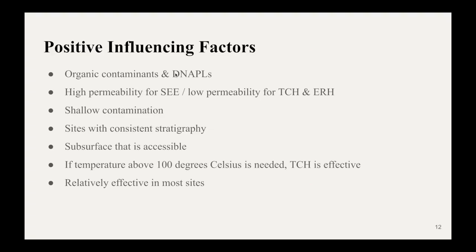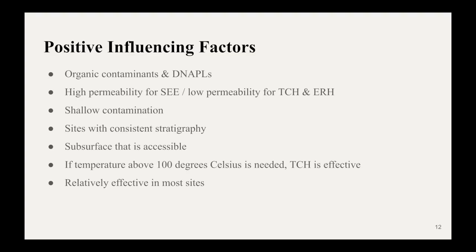And then in a location with high permeability, steam-enhanced extraction is the best thermal remediation choice. So in aquifers with high permeability, contaminants are able to move more freely through the subsurface, and the injection of steam increases the mobility of these contaminants even more by reducing their viscosity.